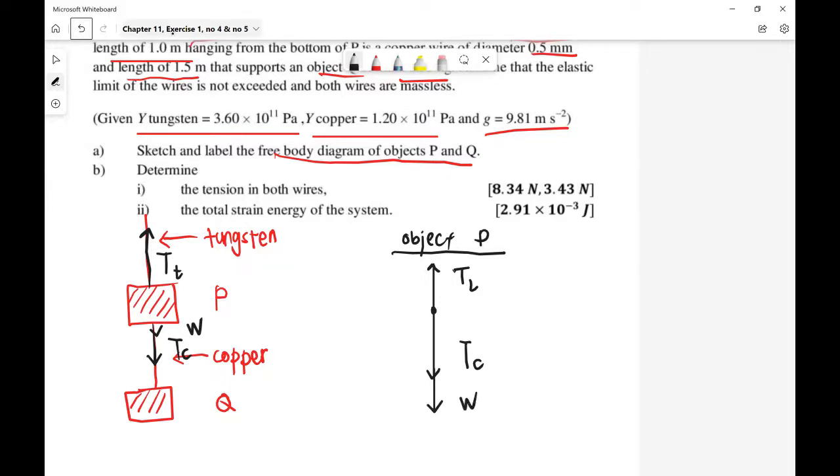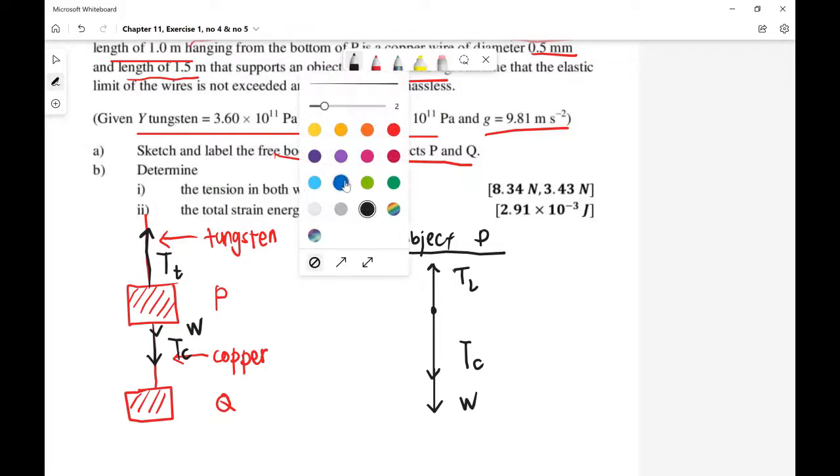Okay. So ada 3 forces acting on object P. And then untuk objek Q, okay, dekat atas objek Q ada wire copper.